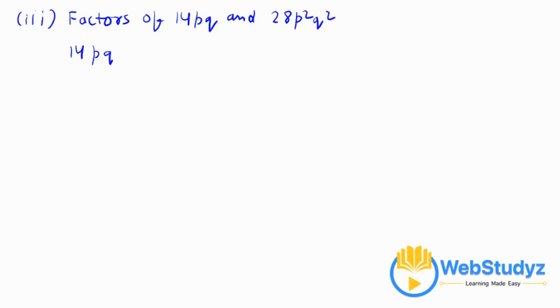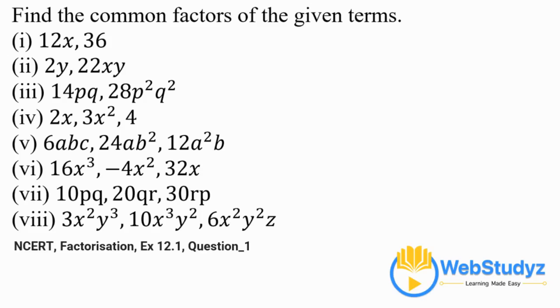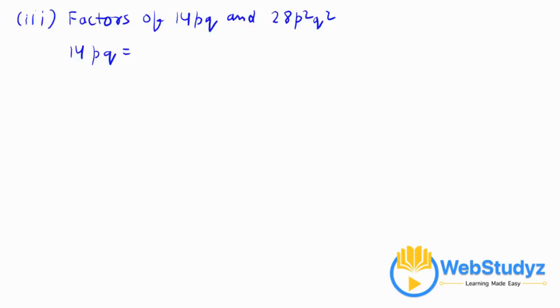that is factors of 14pq and 28p square q square. Here factors of 14pq will be 2 into 7 into p into q.